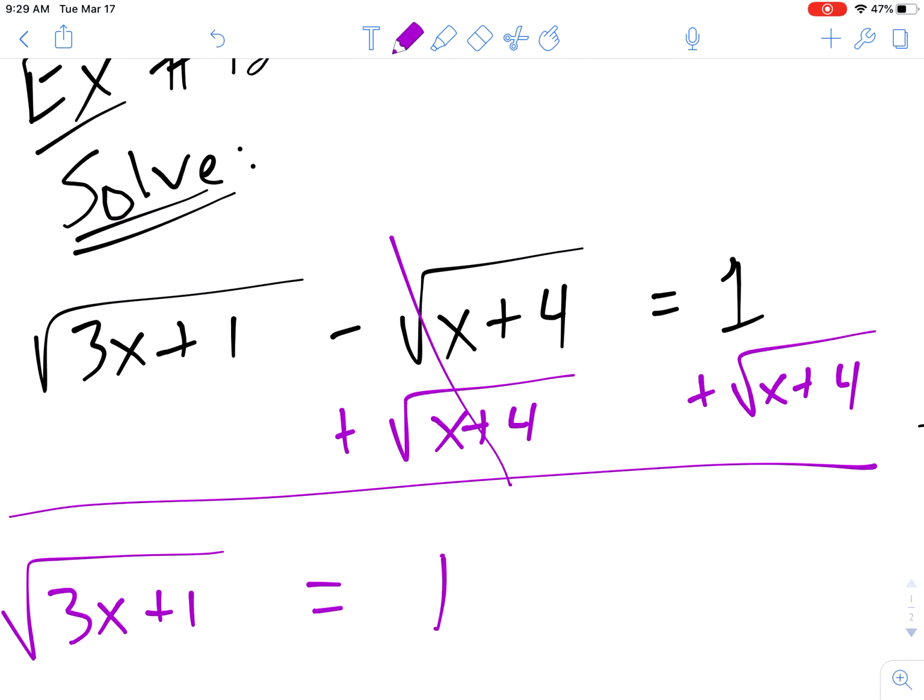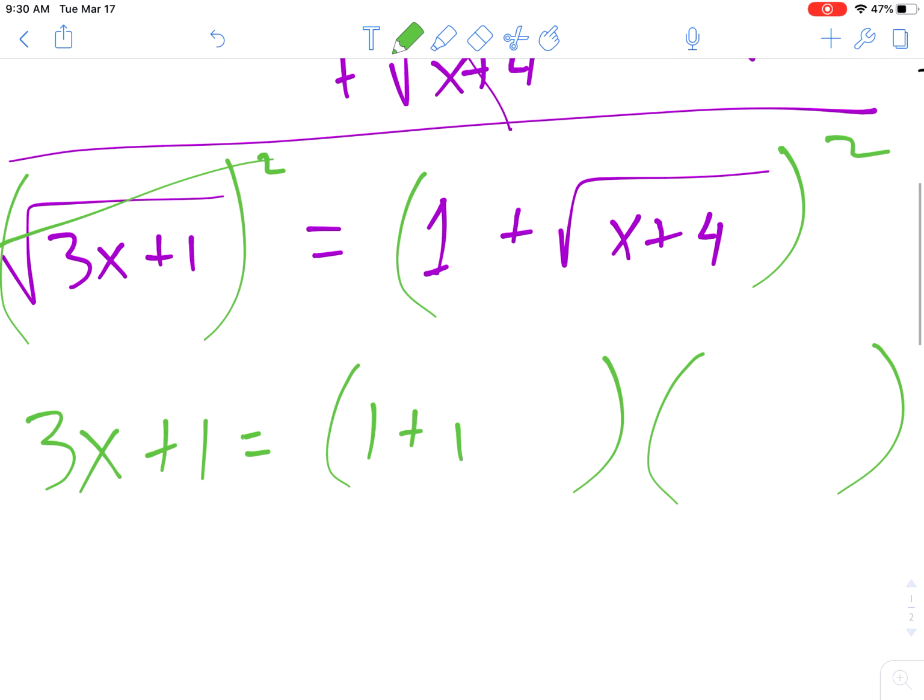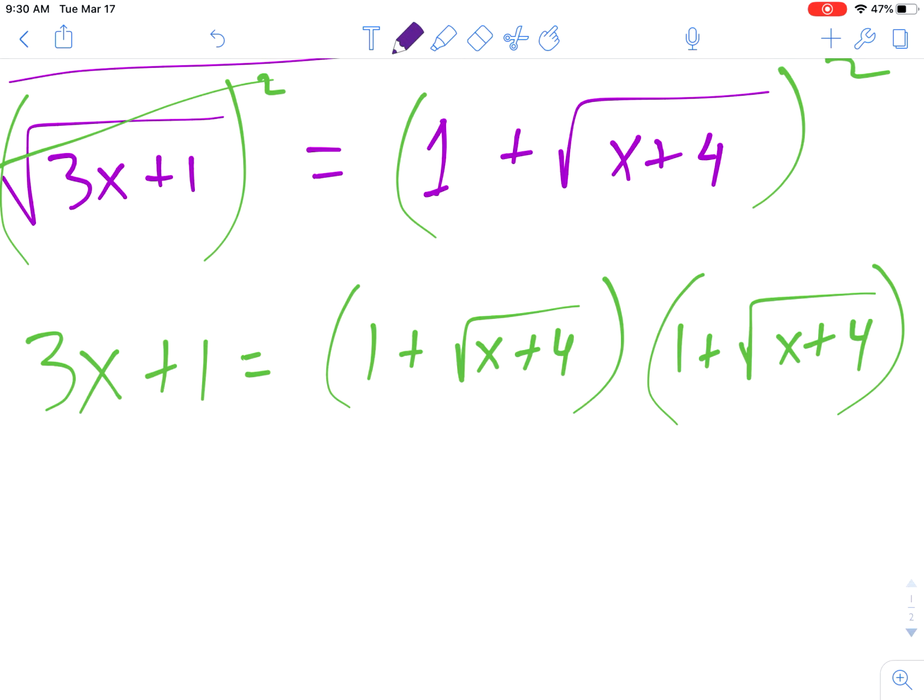Well, that's nice. On the left, it gets rid of the radical for you there, but this one is a gigantic mess. So you have 1 plus the square root of x plus 4 times itself. Again, it's still just foiling that you've done many, many times.